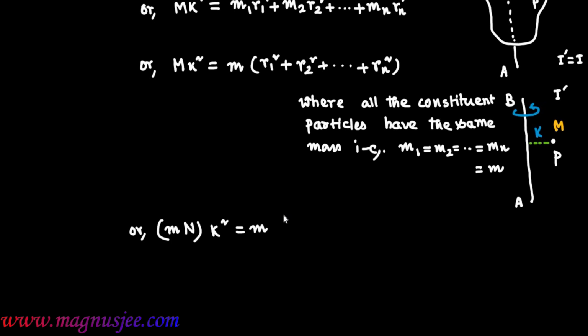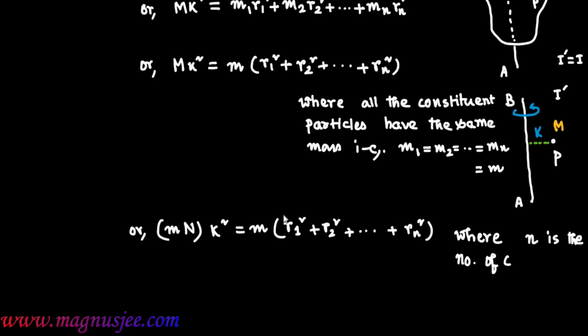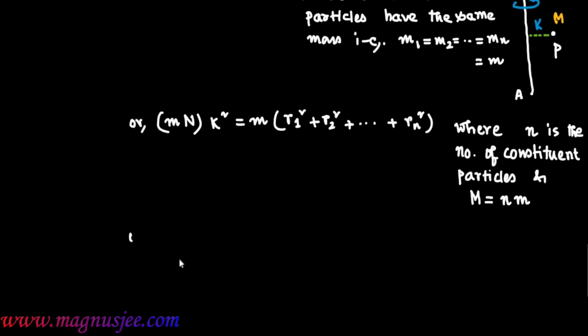Small n m k square equals m times r1 square plus r2 square plus dot dot dot plus rn square. Here it should be small n, where small n is the number of constituent particles. In the expression we have capital N, it should be small n, and capital M is the total mass of the rigid body, which is small n into small m.